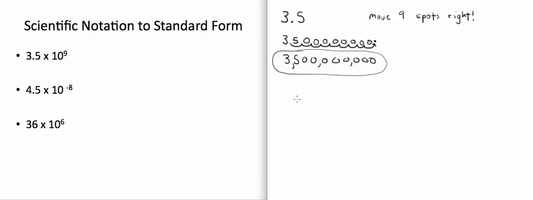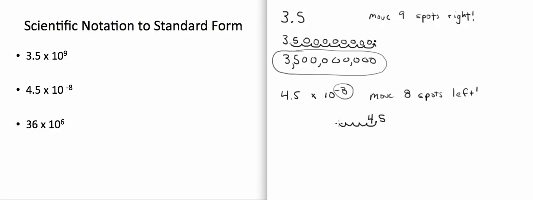Now we also have this next one. It says 4.5 times 10 to the negative 8. Because our exponent is now negative, we move 8 spots left. So we start with 4.5, and we move 8 spots to the left: 1, 2, 3, 4, 5, 6, 7, 8.